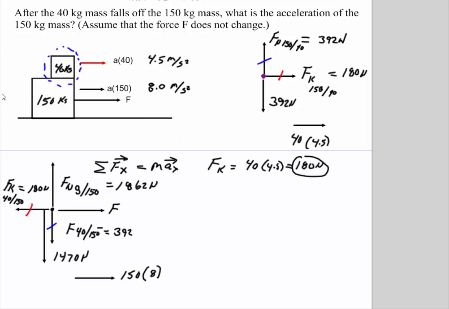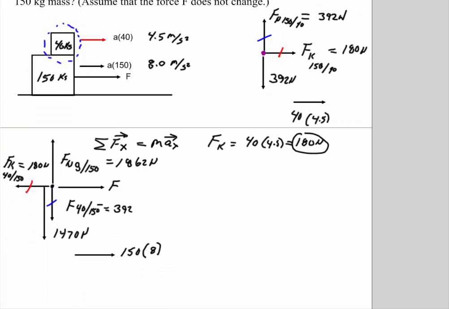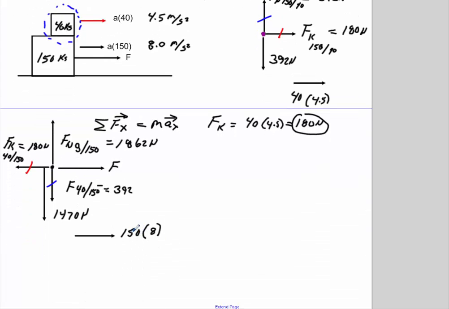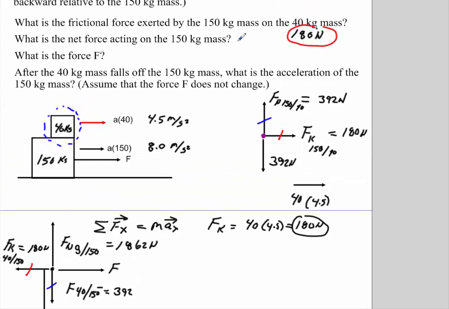Now the question was asking us, what is the net force acting on the 150? The net force has to be mass times acceleration, because the summation of forces in the x direction must equal mass times acceleration. So 150 times 8 will be our net force. That is not the value of F, but it's our net force. So we can make that 1200 newtons here.